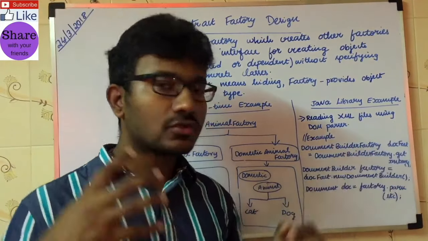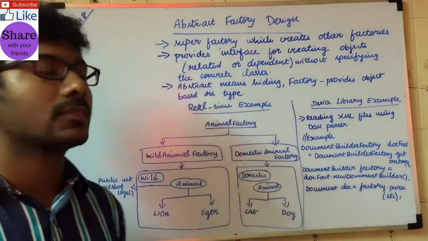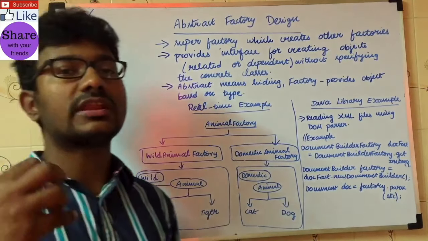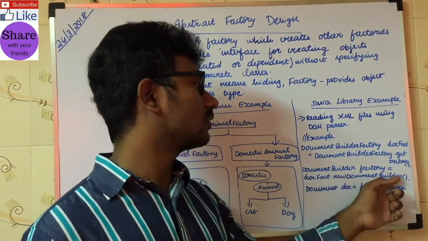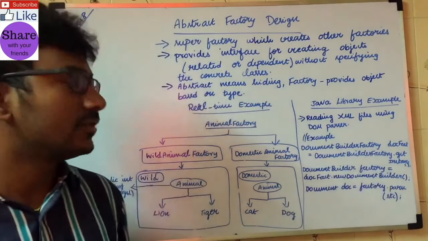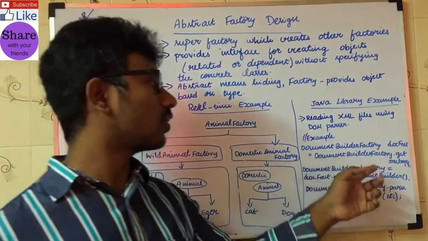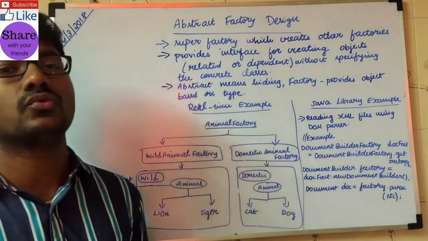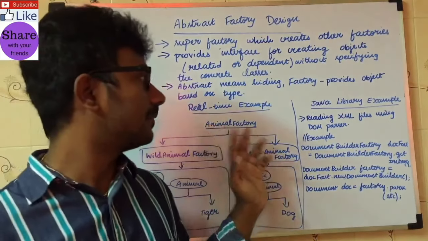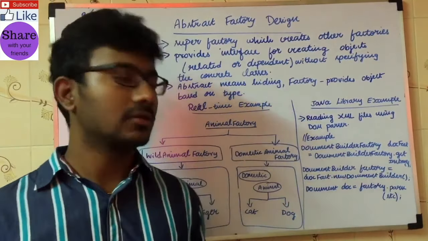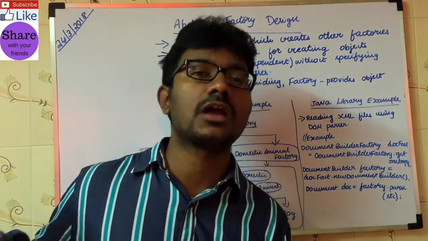Using that actual factory object, you can get the concrete objects. Here, using newDocumentBuilder, I am getting the concrete object for this docfact object. Using the concrete object, we can do n number of operations. So this is the real-time example, a code snippet where the abstract factory design pattern was implemented in the Java library.